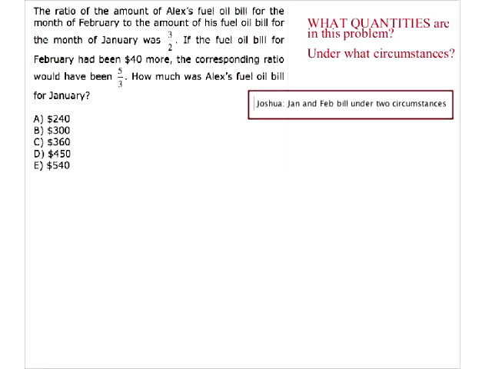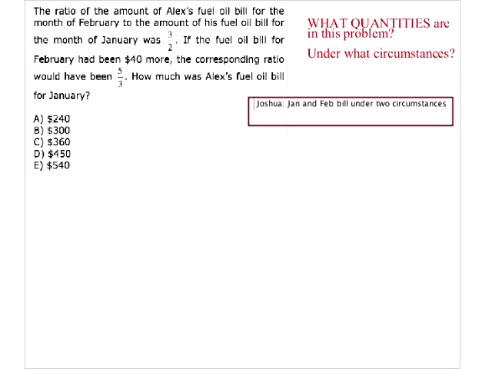Absolutely perfect. So, Miriam, well done. So nice teamwork there. It's really important that you figure this out before you start working the problem. Otherwise you're just kind of groping around. So those are the quantities in the problem.